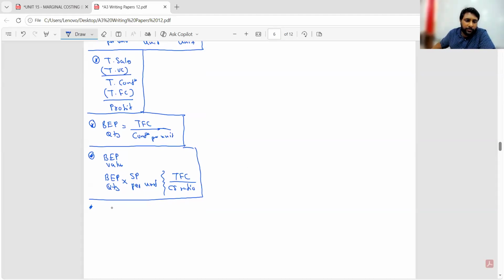Next up. Target profit quantity: total fixed cost plus the target profit divided by the contribution per unit.